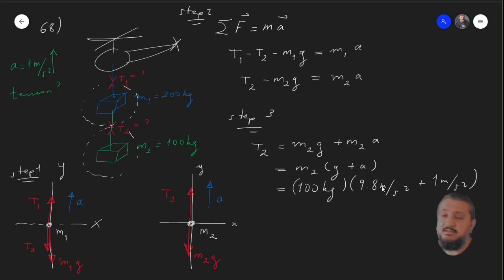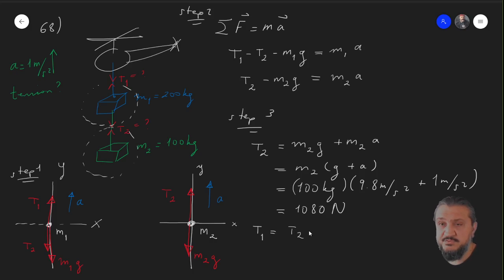So I get 9.8 plus 1, 10.8. 10.8 times 100 is this many newtons. T2 is found.